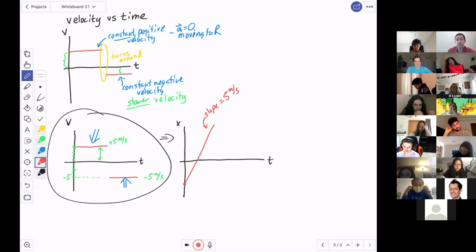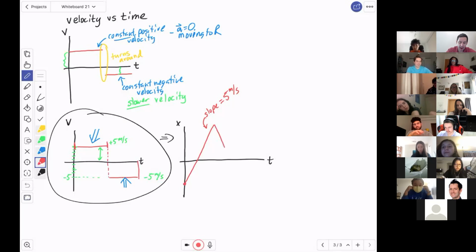Okay, so the same gradient, just in the negative direction. That's exactly right. Now, if this amount of time is the same as that amount of time, then it should go right back to the same position that it came from. And so here the slope should be -5 meters per second, because the velocity is the slope in a position versus time graph.